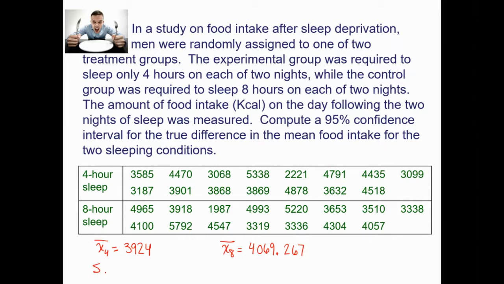Standard deviation for 4 hours is 829.668. Standard deviation for 8 hours, 952.896. That saves us from having to put these into L1 and L2.